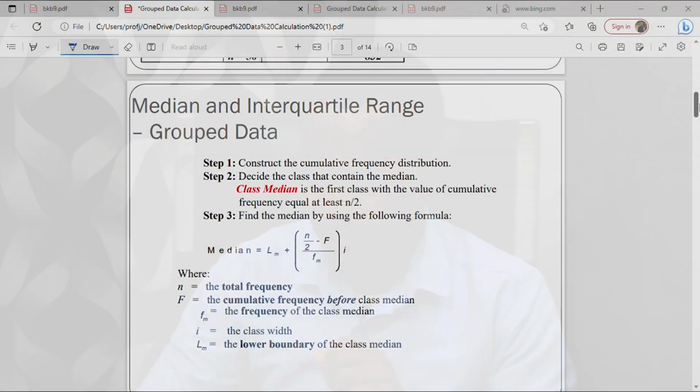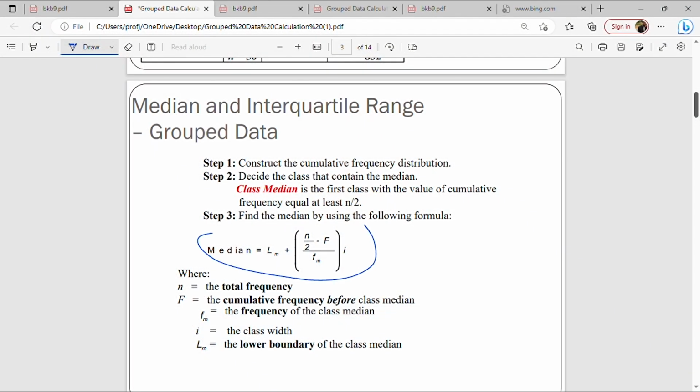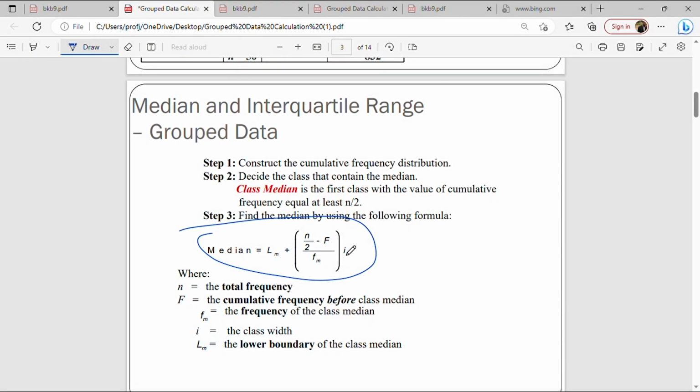You have to understand this. Here is the formula for finding the median. Median is Lm plus n over 2 minus f, all over fm, f subscript m, then times this i here. Some of your master's books, especially New General Mathematics, would represent this i as C. So the formula for median is this.